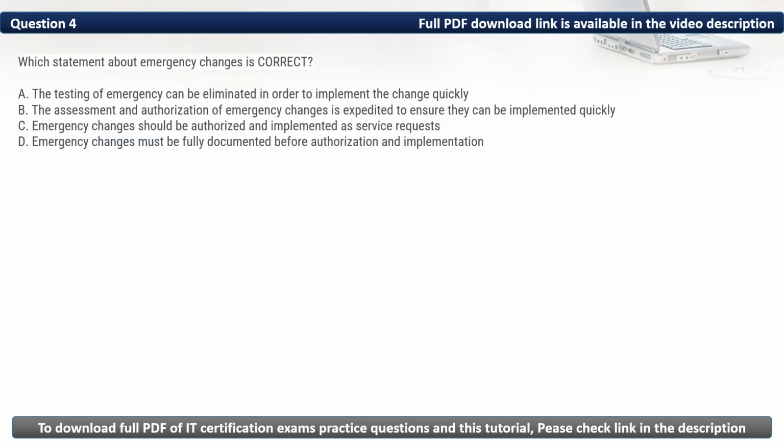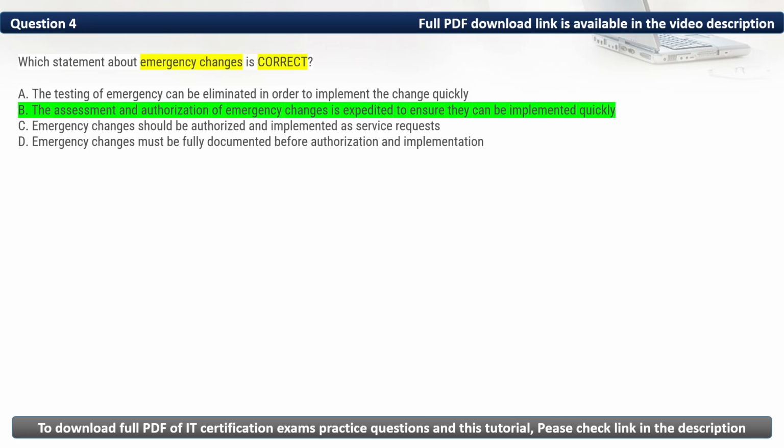Question 4. Which statement about emergency changes is correct? Here in this question, the statement that is correct is that the assessment and authorization of emergency changes is expedited to ensure they can be implemented quickly.